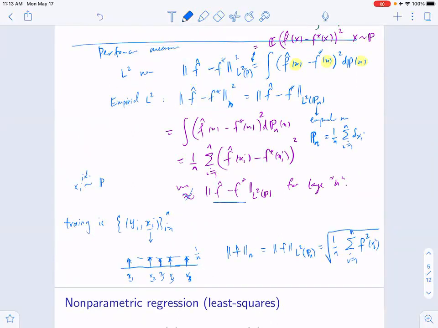So does anyone remember, I mentioned briefly why, from a statistical perspective, this norm makes sense. Just curious, anyone got that point or remembers why we focus on the empirical L2? What is the statistical justification?